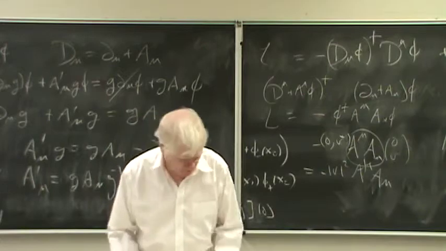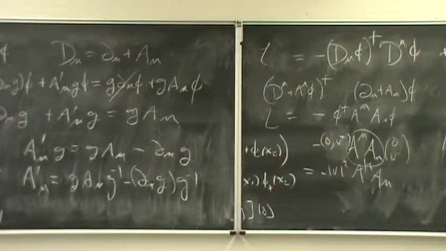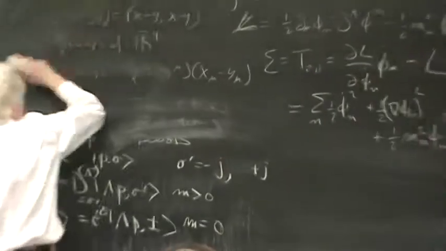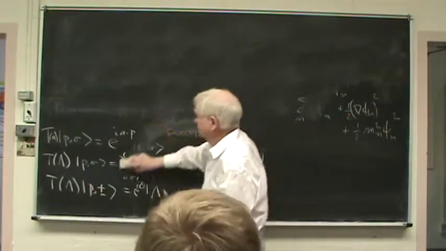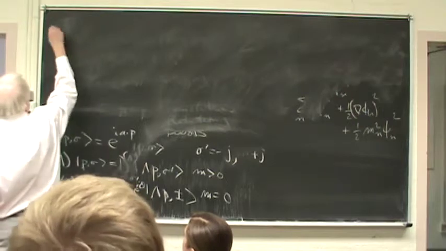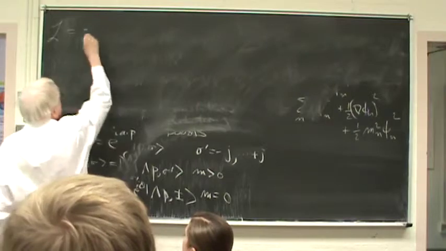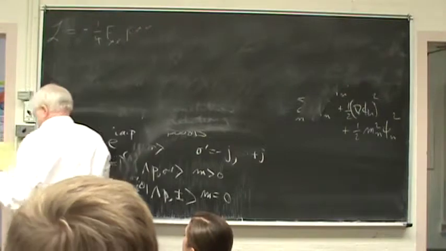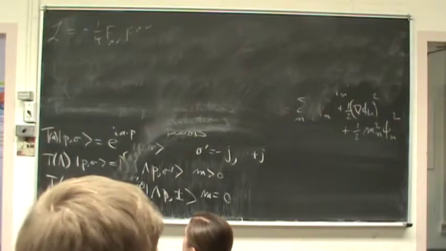All right, massless spin 1. Maybe we can go over here. All right, so what you do is you just take the Proca Lagrangian and you set m equal to 0, and you get L equal to minus a quarter F mu nu squared.